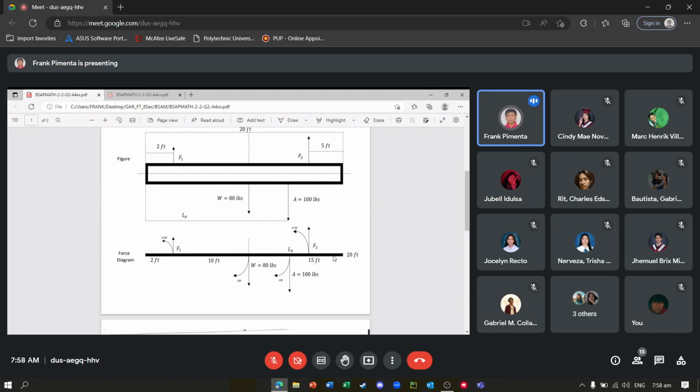Ito. But in the second condition, in applying algebraic sum of torque at any point, kung gagamitin yung point F1, formula is algebraic sum of torque sub 1 equals 0.